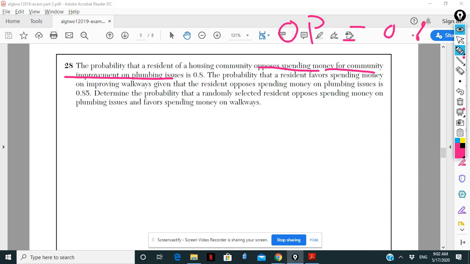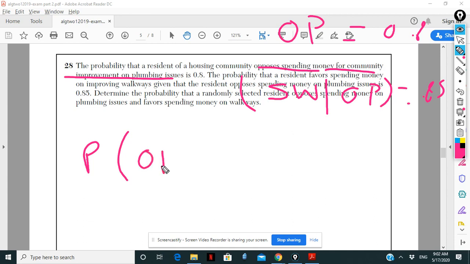Now the probability that they favor spending money on improving walkways, given that they favor spending money on plumbing, is 0.85. Find the probability of a resident favoring spending money on plumbing and favoring spending money on sidewalks.